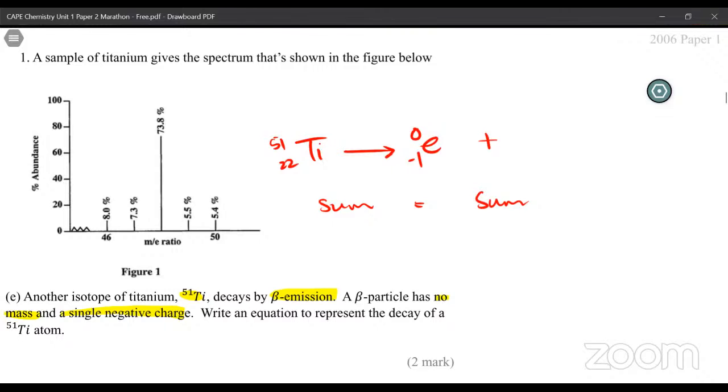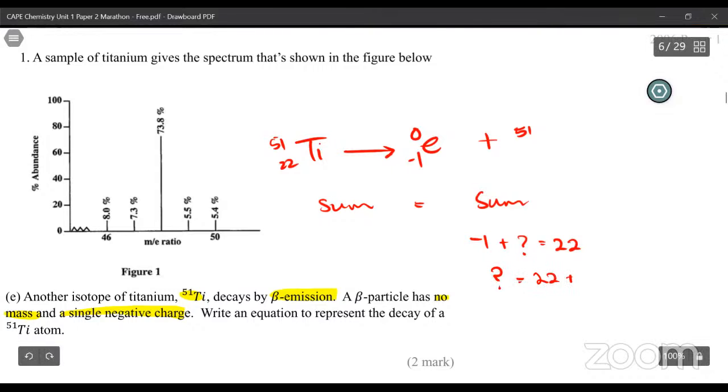51, right? Now here we have -1. So you want to ask yourself, -1 plus what will give you 22? And if you want, you can do the whole transposition thing, and you'll find that your little question mark here will be equal to 22 plus 1. All right.